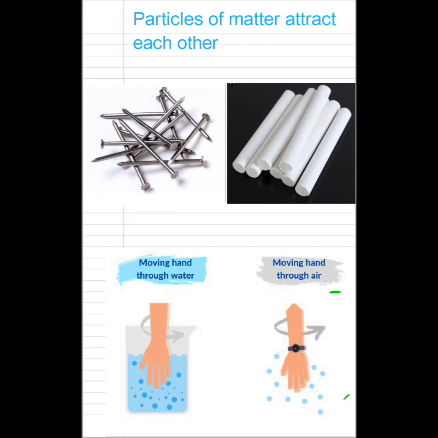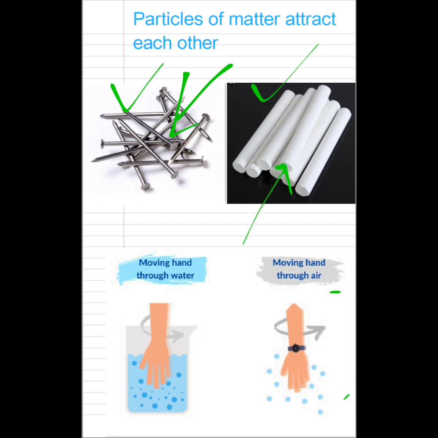Particles of matter attract each other. As you can see, some pictures are here. These are nails and these are chalks. Now suppose I take a hammer and hit it on these nails as well as on these chalks.